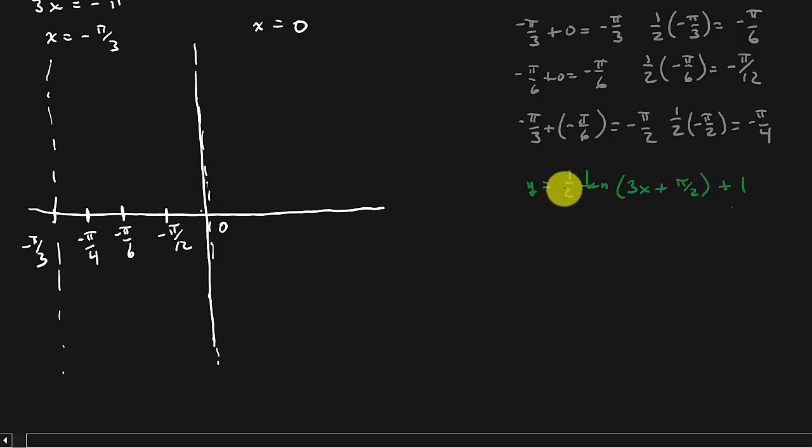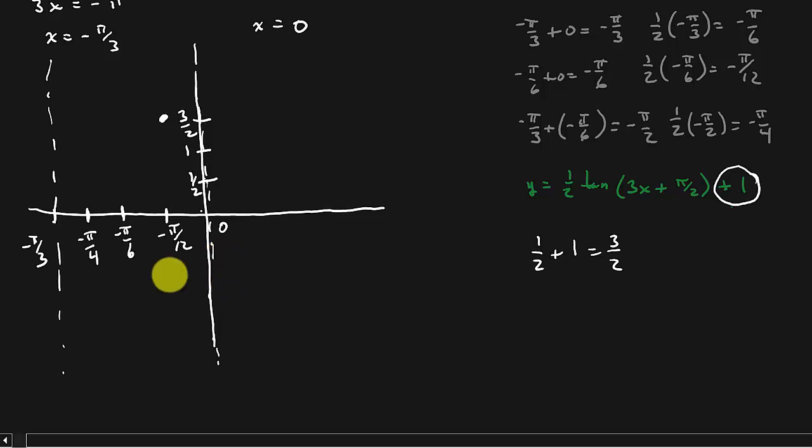But then this plus 1 here is shifting it up one more unit. So I would be at 1/2 plus the 1, which is 3/2. We'll call this 1/2, 1, and 3/2. So that would be this point right here at 3/2.